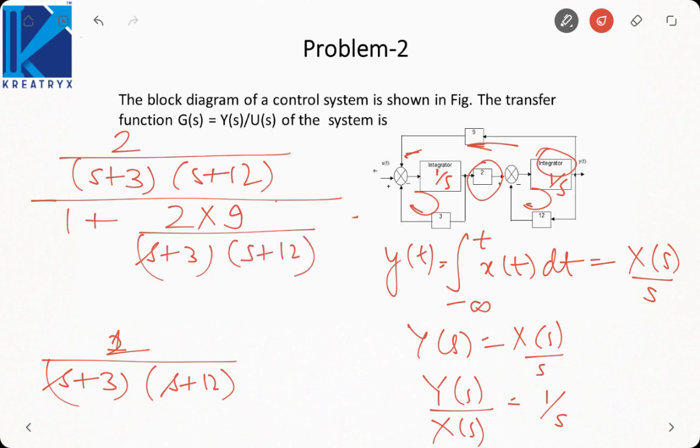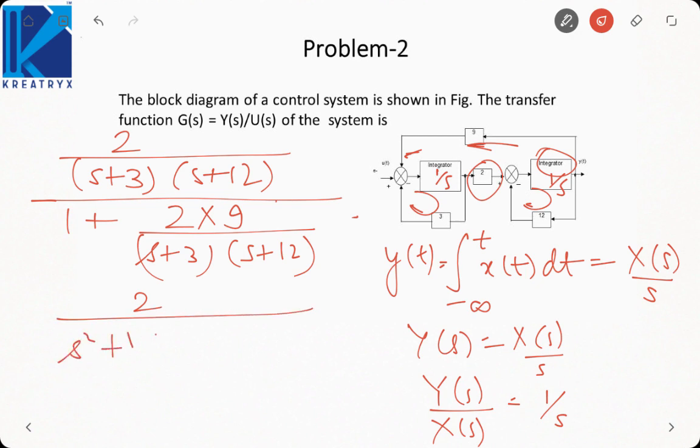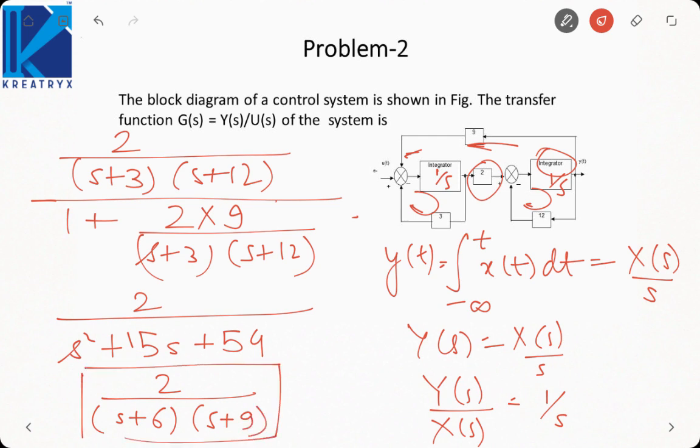Okay, this is the simple equation for the feedback loop. Now if we simplify it, it would become 2 upon s square plus 15s plus 54, or 2 upon s plus 6 into s plus 9. So this would be my transfer function for this block diagram.